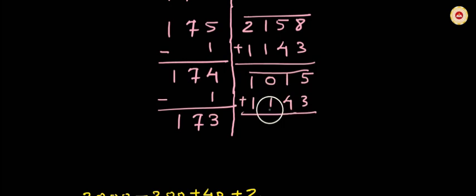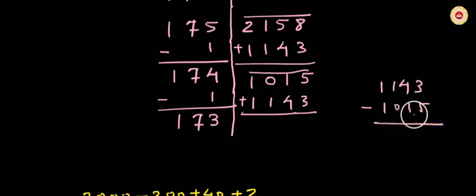So 1143, this figure is greater than 1015. So let us do 1143 minus 1015. So let us subtract this lesser number from bigger number. 13 minus 5, 8. 4 minus 2, 2. 1 and 0. That means result, answer is 128.